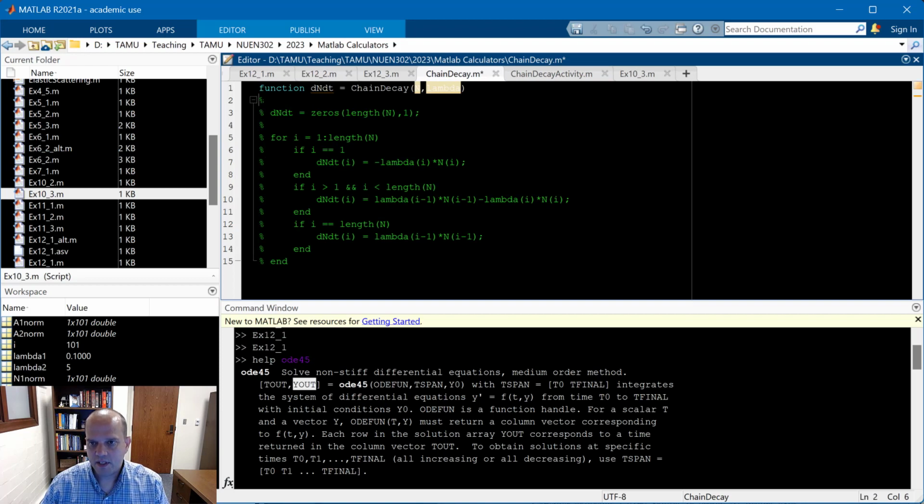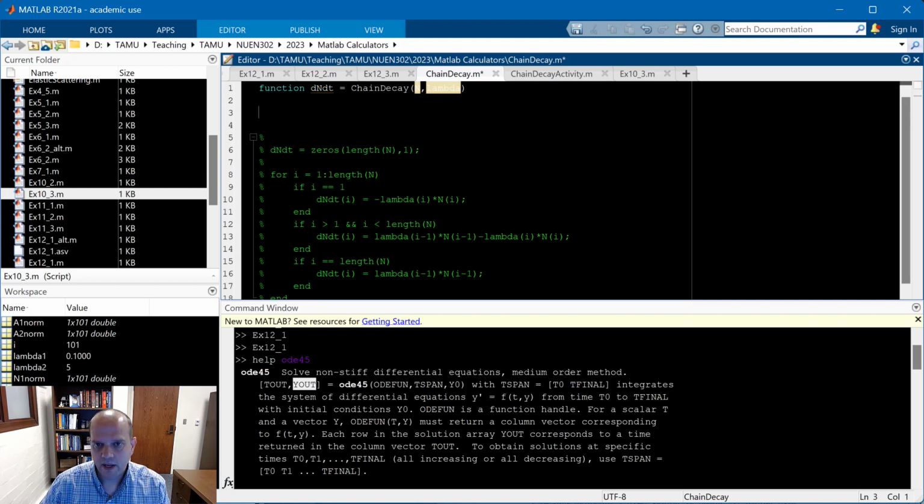If I wanted this to be only able to solve the decay chain that I was looking at here, which is 3 elements long, then I would say, well, I still want this in there, but I'm going to initialize the fields.